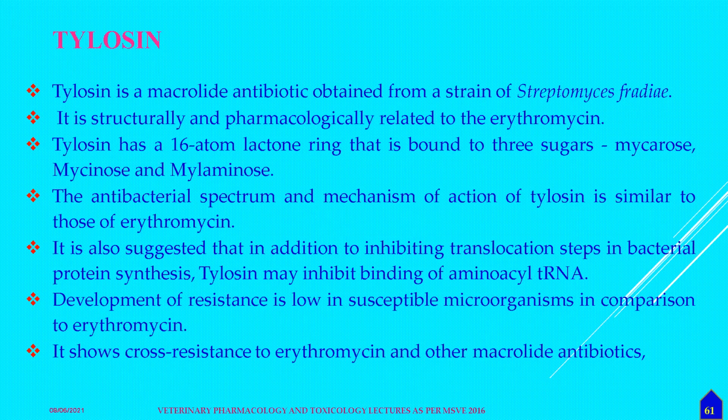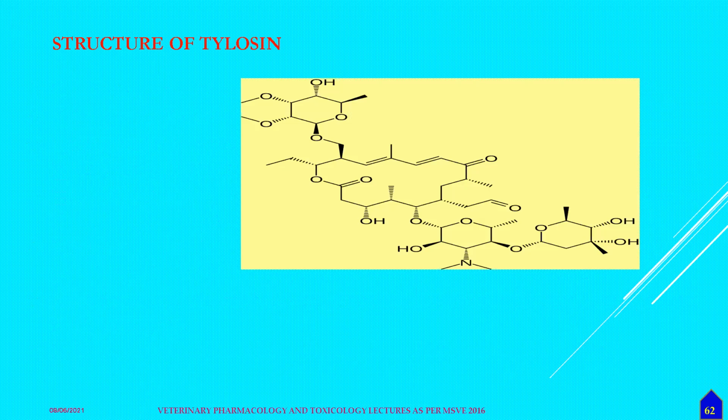This is a common feature: if the microorganisms are resistant to one antimicrobial, the others belonging to the same chemical family also become resistant. This is the structure of tylosin, very similar to that of erythromycin, with a little change here and there in OH or O groups.